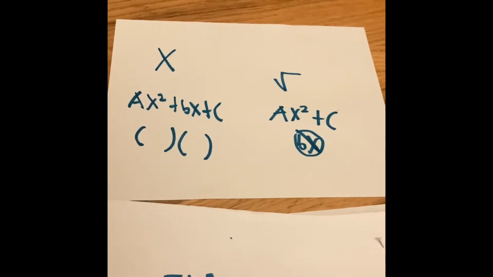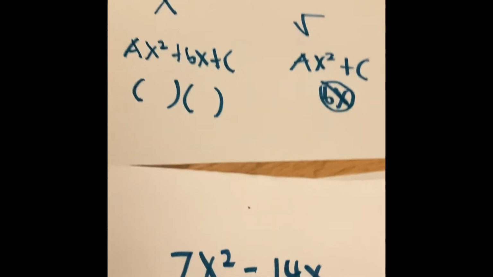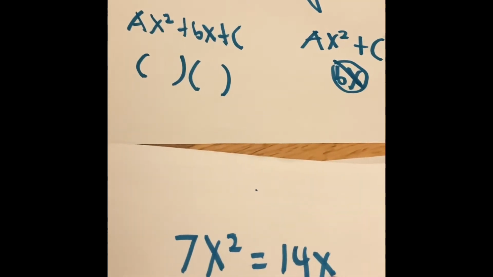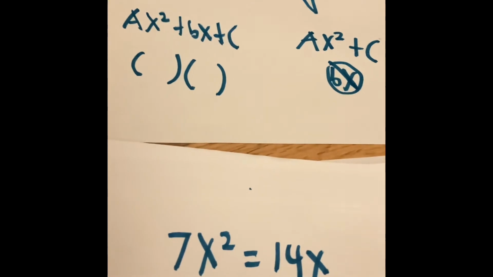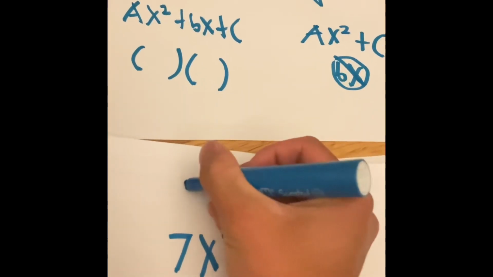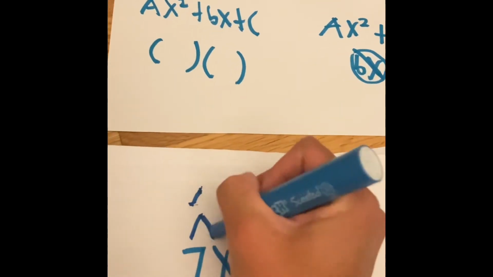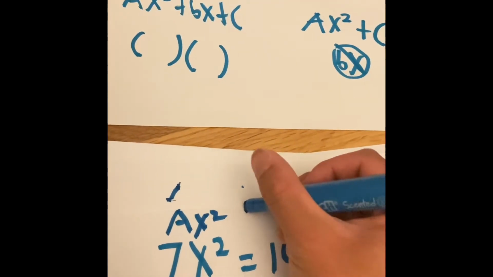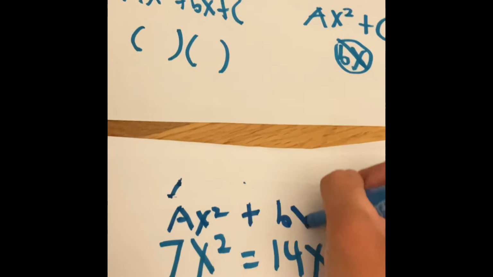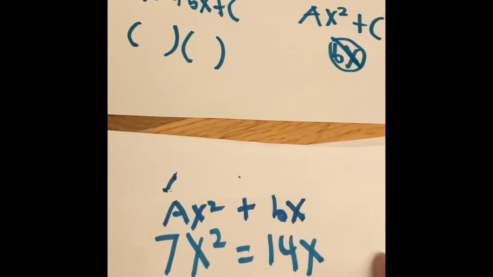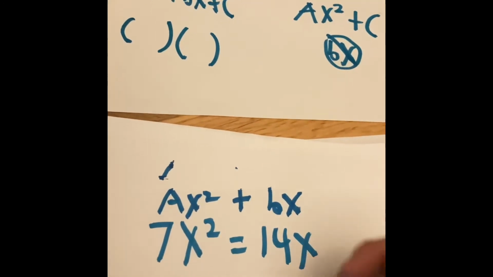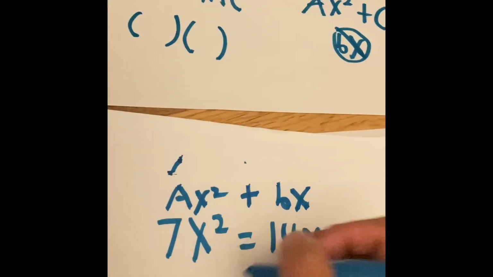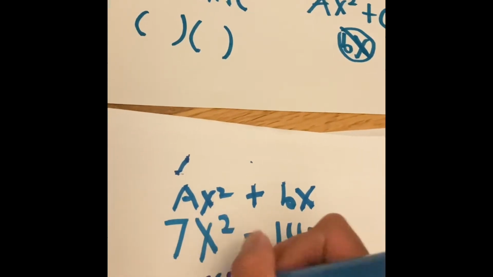That last clip indicated it's a fail. The reason why is when you try to square root these, it's not an easy method, because it follows the rule ax squared plus bx. What we have to do is subtract 14x from both sides.